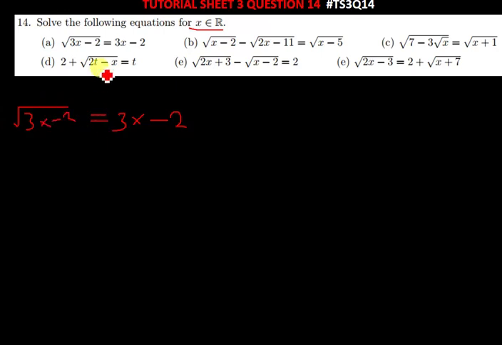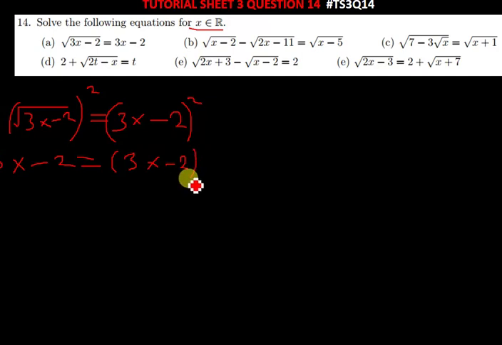So what you do when you want to get rid of this square root, you just square both sides. Once you square both sides, you're going to have 3x minus 2 this side, and on the other side, 3x minus 2 simply means 3x minus 2 multiplying itself.